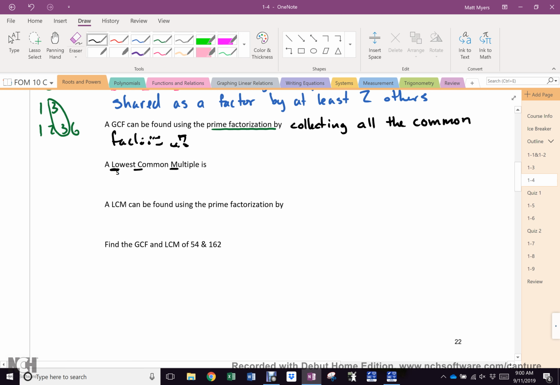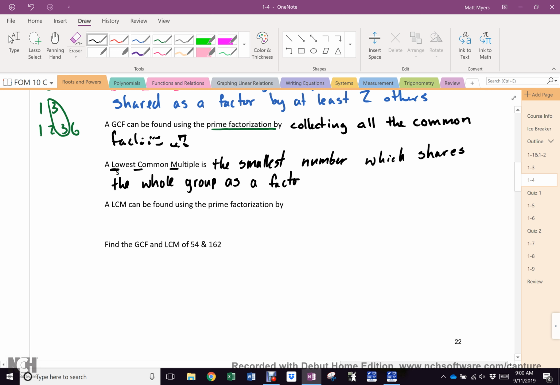LCM is the smallest number which shares the whole group as a factor. So, I don't really care if you don't get the definitions, as long as you can work with them, which we're about to do.